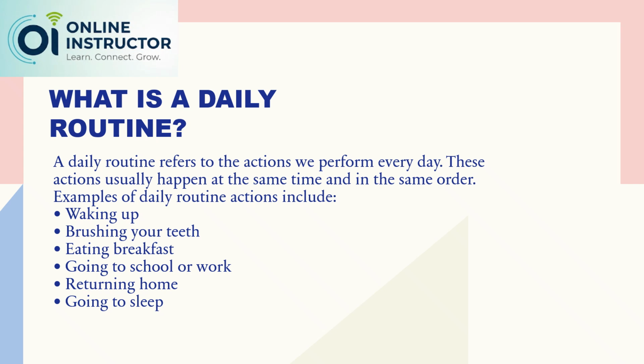What is our daily routine? When we say daily routine, we mean the activities we do every single day. These actions usually happen at the same time and in the same order. For example, waking up, brushing your teeth, eating breakfast, going to school or work, returning home, going to sleep.